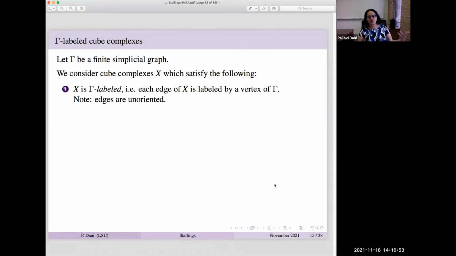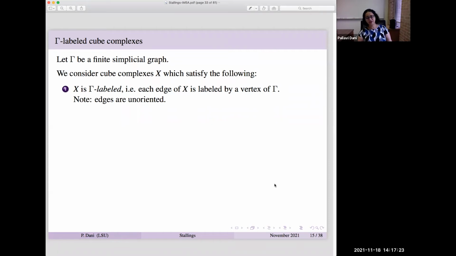Because we have these extra relations, we need something more than just the graph. But because all the relations are commuting relations, it's going to be enough to just look at cube complexes. So what we want to consider is cube complexes which are what we call gamma labeled. You should think of these labels again as generators of some right-angled Coxeter group. Each edge of the complex is labeled by some vertex of gamma.